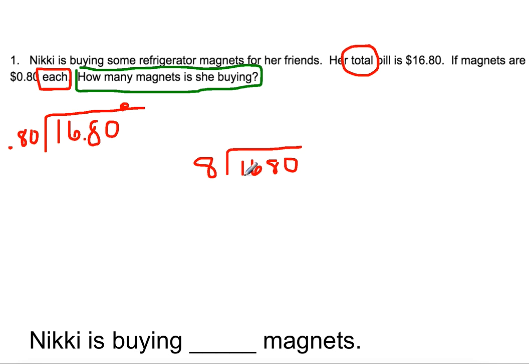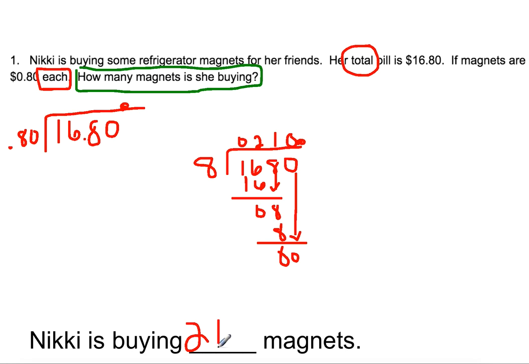So 8 cannot go into 1. 8 can go into 16 twice, which gives me 16. Bring down the 8. 8 can go into 8 once, which gives me 0. I bring down the 0. Now with dividing, does that mean I just have 21? No, I have 210. So Nikki is buying 210 magnets.